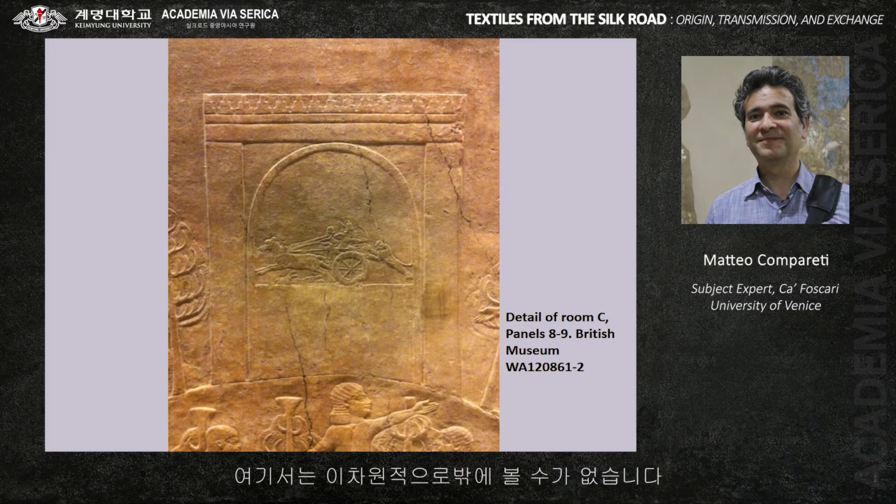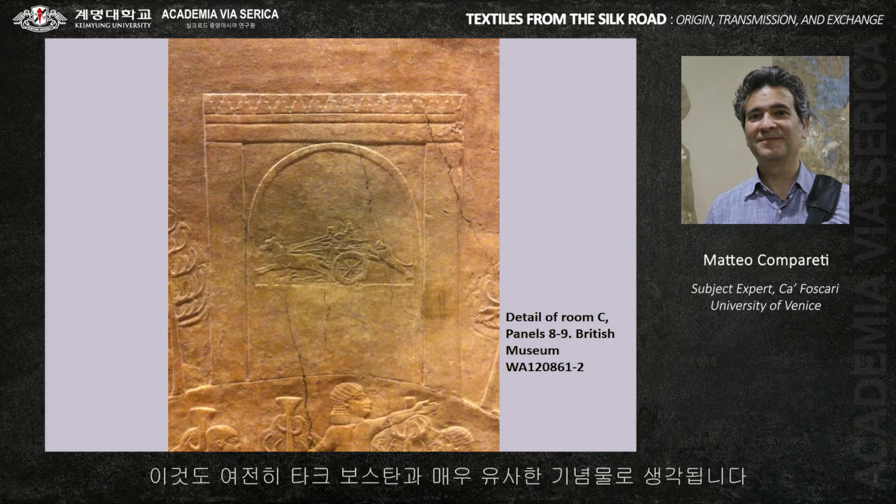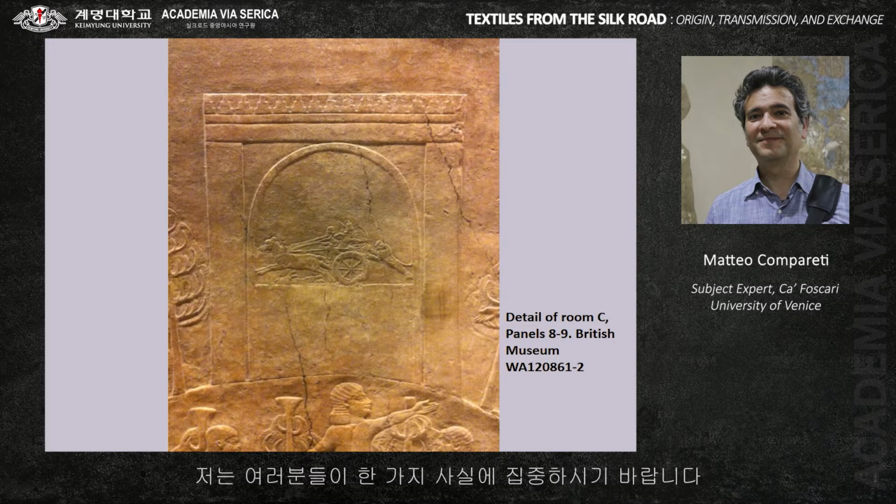We have only 2 dimensions here, so it was not possible for the artist who did this representation to give the idea of 3-dimensionality, but still we have an idea of a monument which is very similar to Takebustan. And I would like to call your attention on the fact that the king hunting lions from this chariot is represented above.